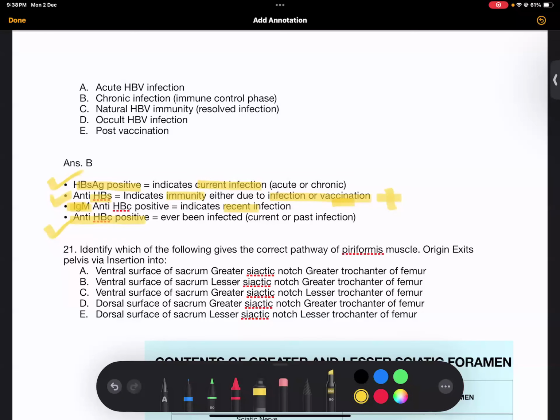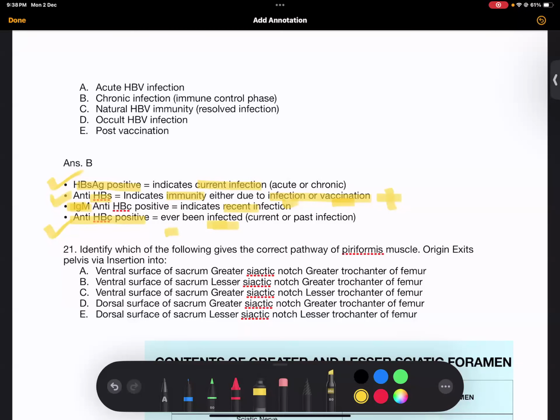Anti-HBC positive means that she has been infected. So it is positive in infection, and it is negative whenever you have vaccination. Okay, I hope you have understood how to correctly solve these kinds of questions. These are very, very important, this HB serology.